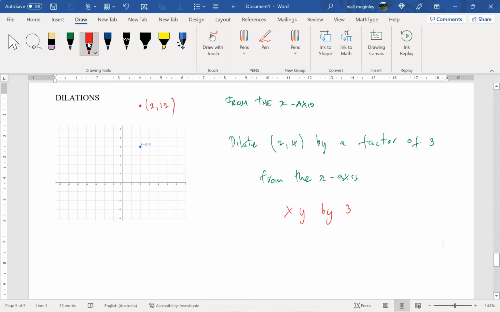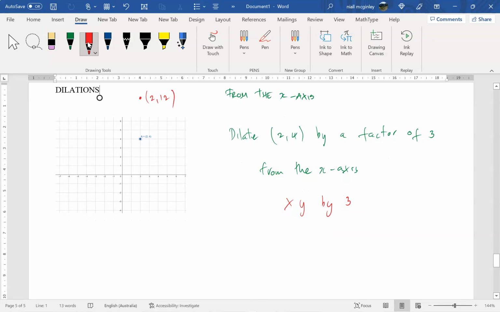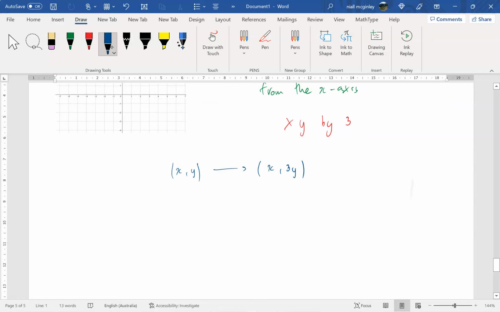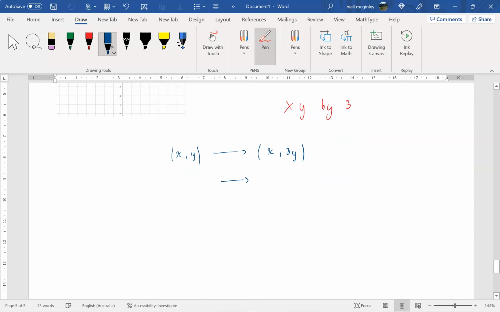If we think about this using mapping, in general terms, if this point was (x, y), then the transformed point, with a dilation of factor 3 from the x-axis, goes to (x, 3y). Mapping is a way we can understand how to use function notation to work out the transformed function.